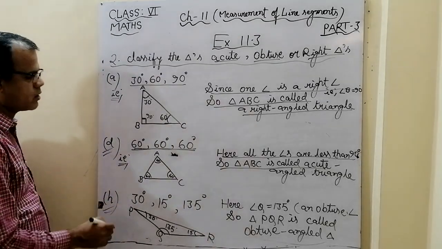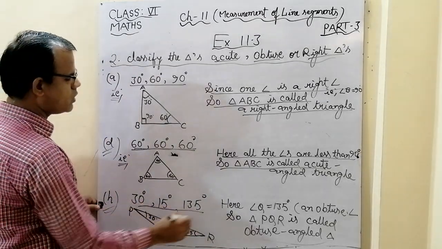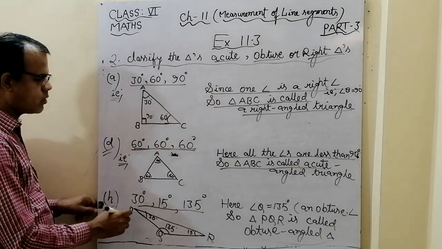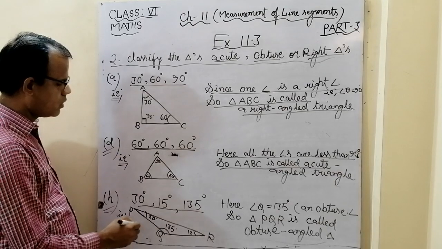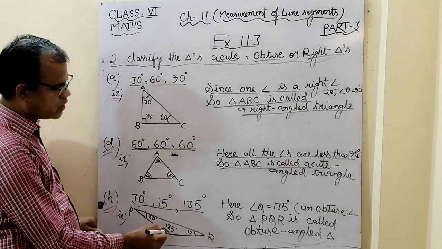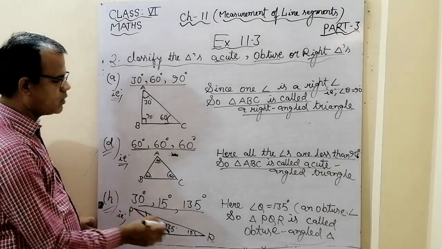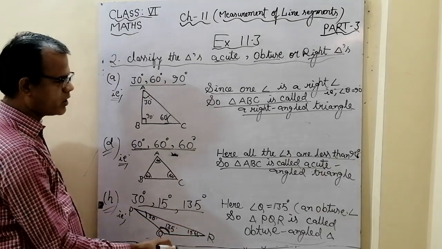Next H part, 30 degree, 15 degree, 135 degree. So this is rough sketch of triangle PQR. Here you see angle Q 135 degree, angle P 30 degree, angle R 15 degree.